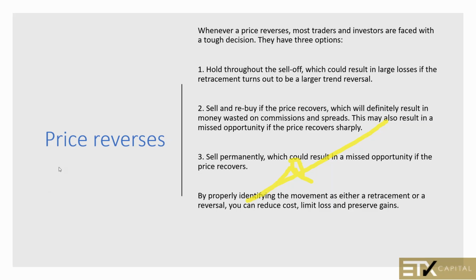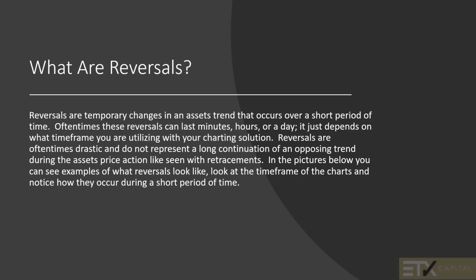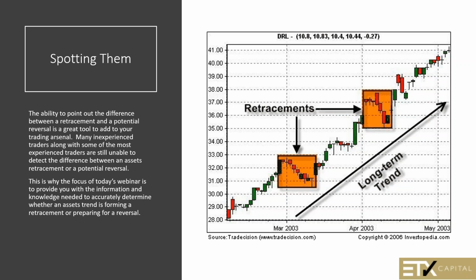But by not being able to properly identify what is happening and selecting the wrong option, like if you want to sell and rebuy, so in other words, you had predicted this price to move up to $39.